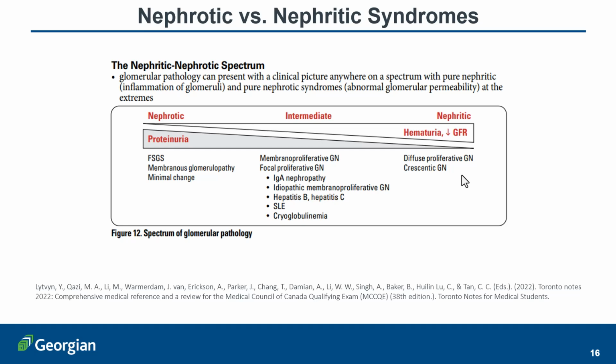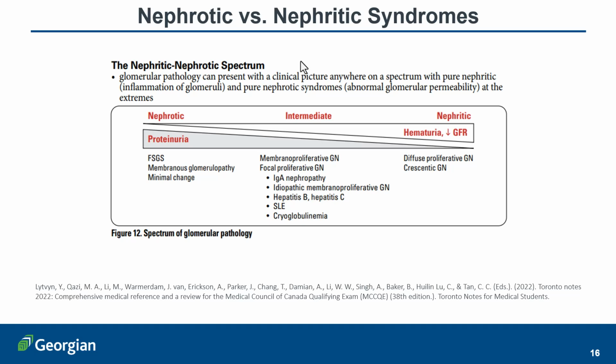The typical scenario is a young individual, usually around 10 years of age or so, who has a severe sore throat that is a streptococcal infection. It causes strep throat, and then a few weeks after that, they develop this nephritic syndrome, which we refer to as post-streptococcal glomerulonephritis or post-infectious glomerulonephritis.